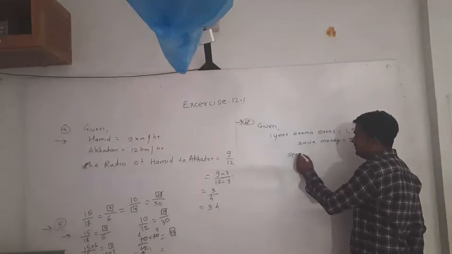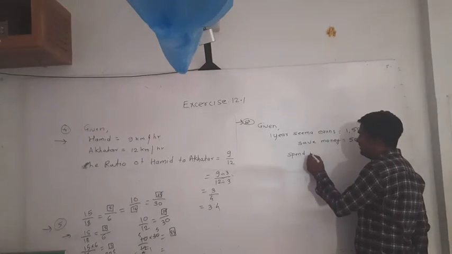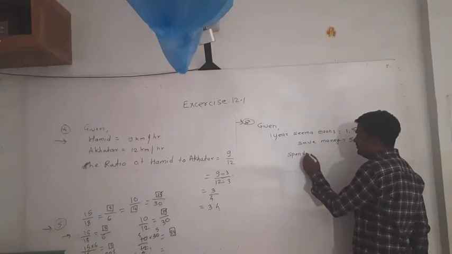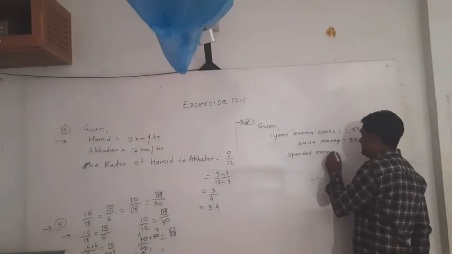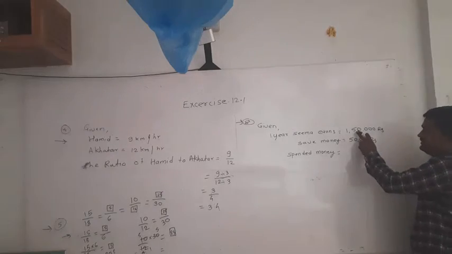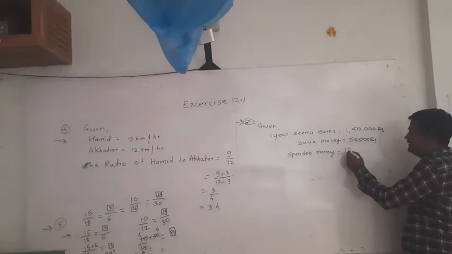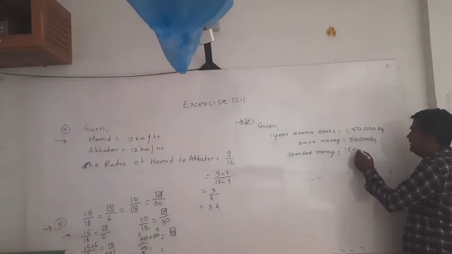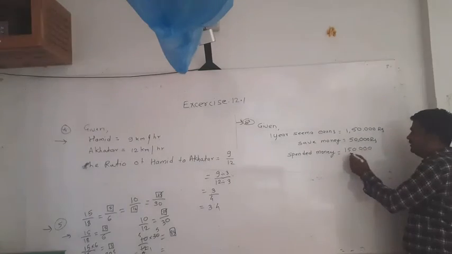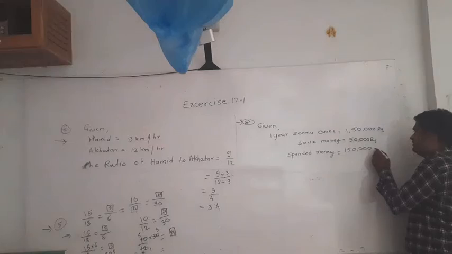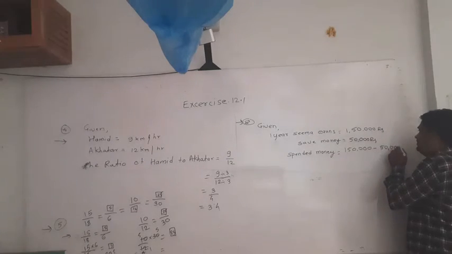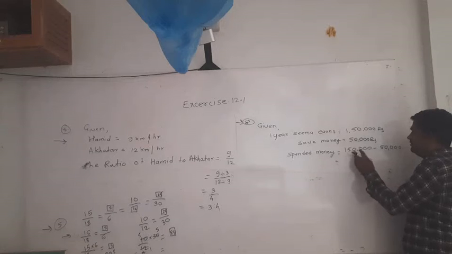Write this also. Spent money is equal to how much rupees? 1,50,000 rupees, and how much is saved? You can subtract this 50,000.